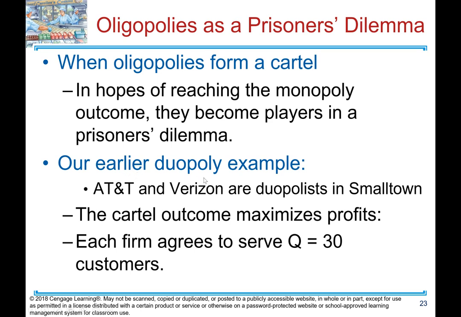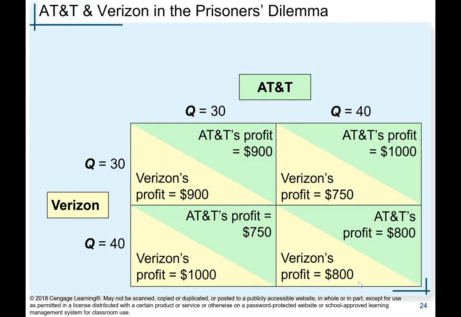Our earlier duopoly example of AT&T and Verizon, which are duopolies in Smalltown. The cartel outcome maximizes profit. Each firm agrees to serve a quantity equal to 30 customers. And this is an example of Verizon, AT&T.